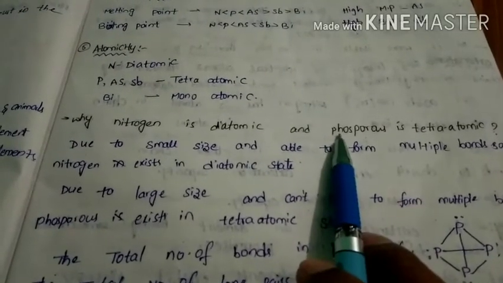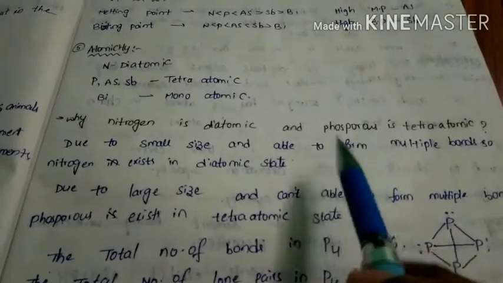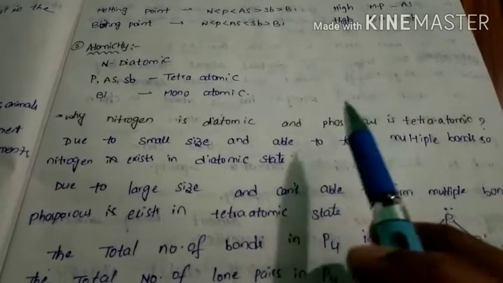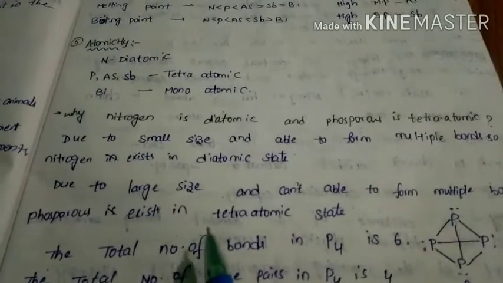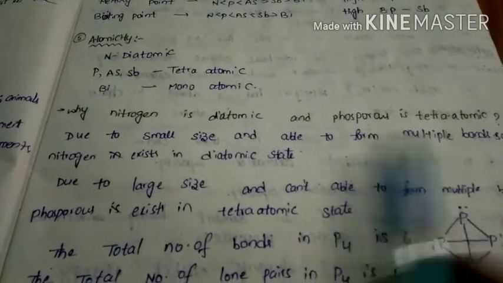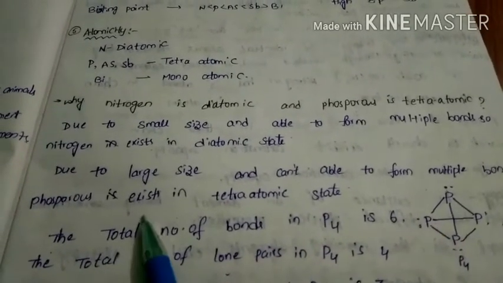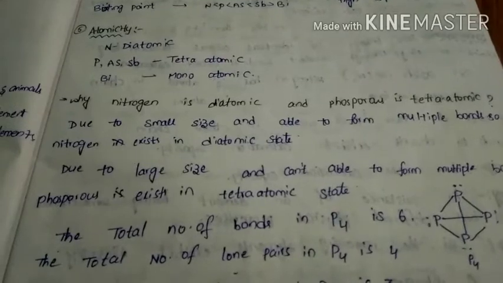But phosphorus has a large size compared to nitrogen. If an atom has a large size, it cannot form more than one bond. That means it cannot form multiple bonds, so phosphorus is tetraatomic. So due to large size and inability to form multiple bonds, phosphorus exists in the tetraatomic state.